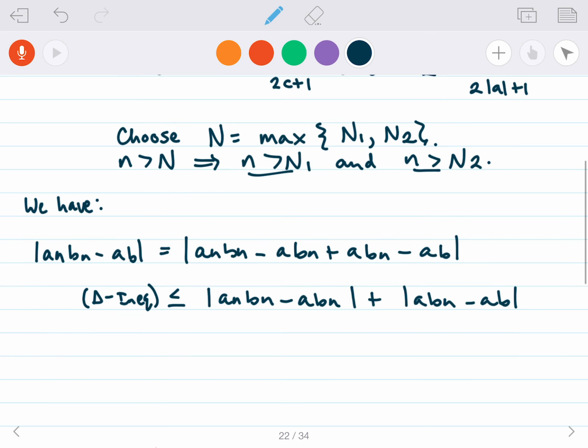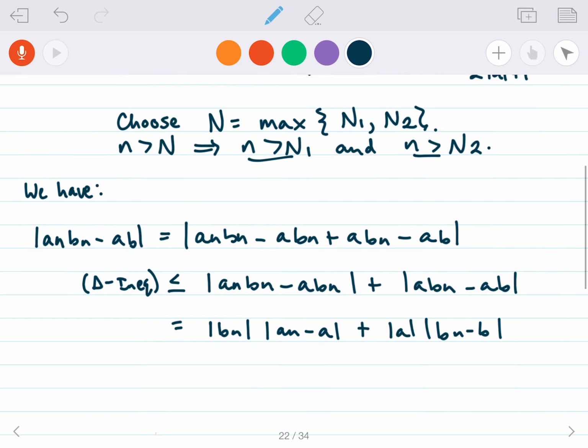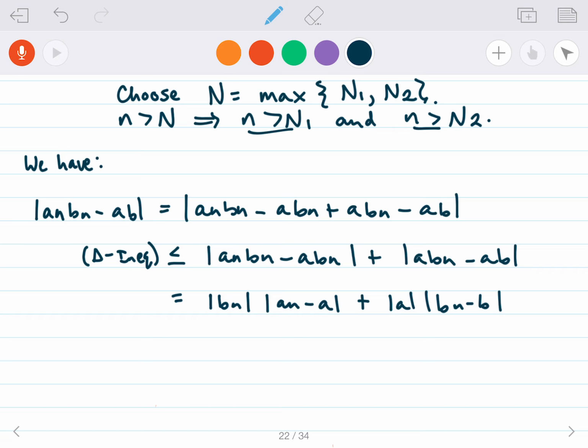By our properties of absolute value, we can factor out our respective things. And remember this is bounded, so that's less than or equal to c.